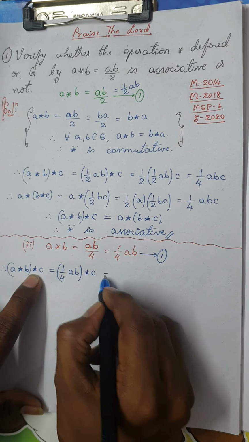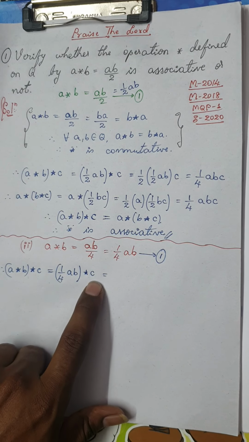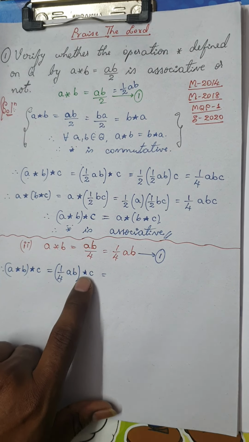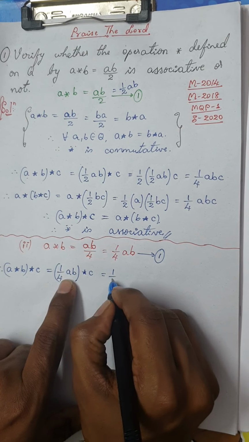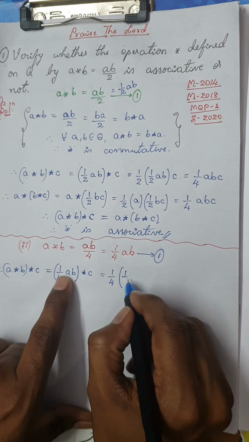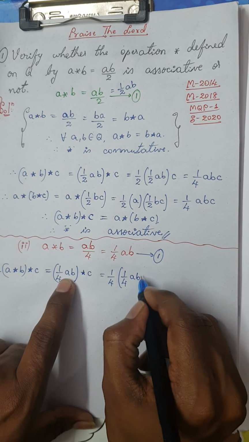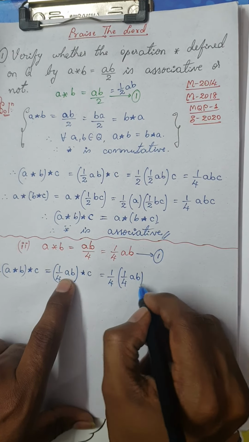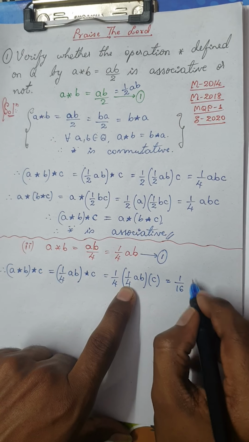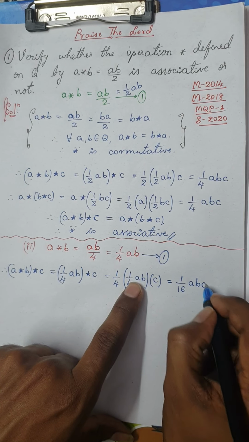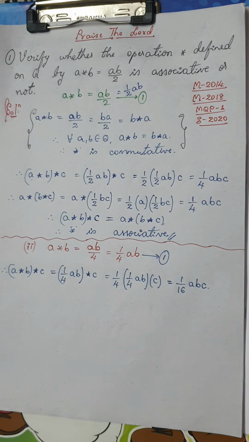Star C. Now this is like one element, this is like the second element. So star between two elements is 1 by 4 into the first element. First element is 1 by 4 AB, second element is C. So this is nothing but 1 by 4 into 1 by 4, which is 1 by 16. A into B into C is ABC.